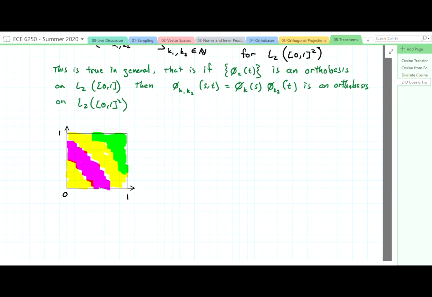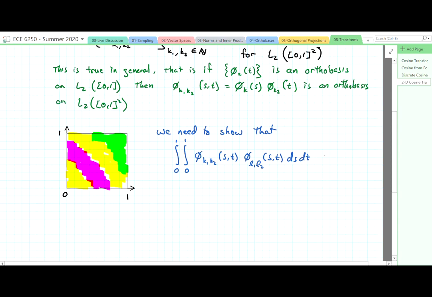So we have some signal, and the first thing we need to do is show that in this case we have a double integral of phi k1 k2 s comma t times phi L1 L2 s comma t ds dt is equal to 1 for k1 equals L1 and k2 equals L2, and 0 otherwise.